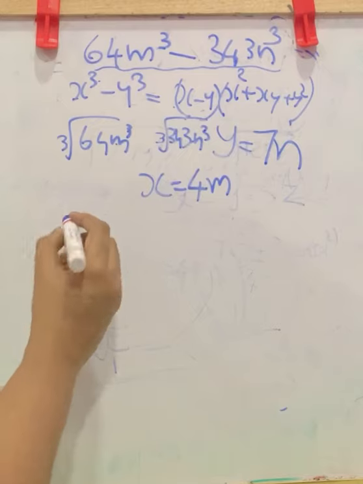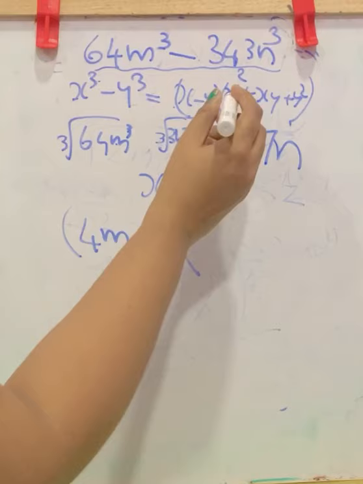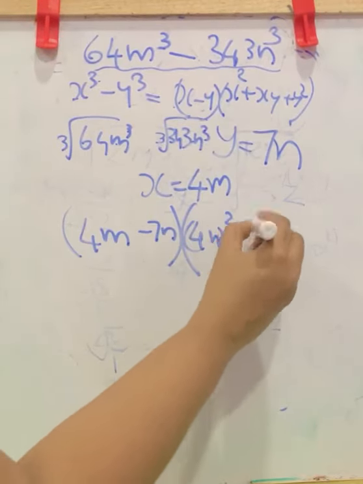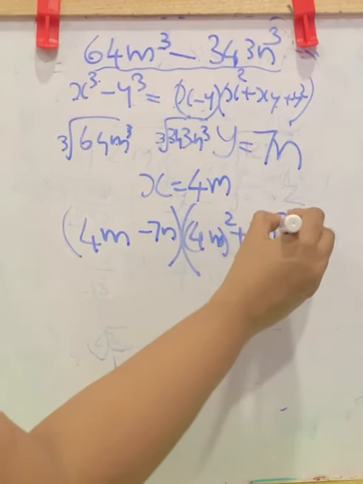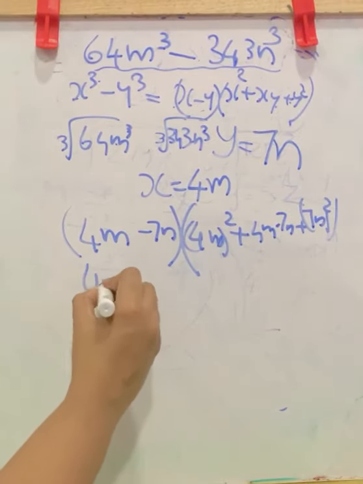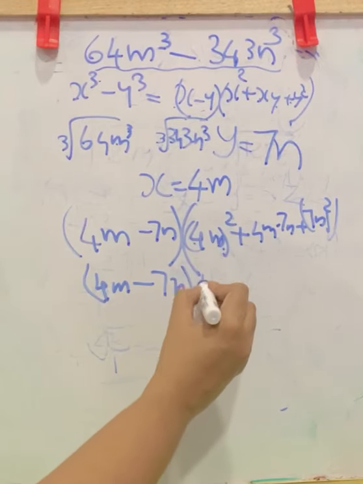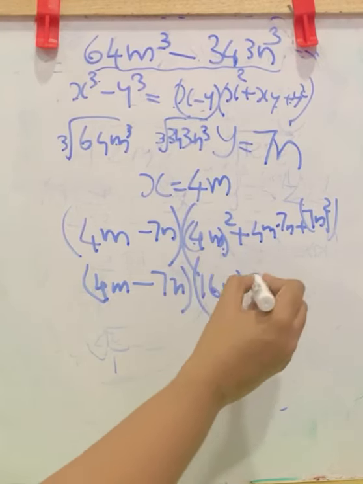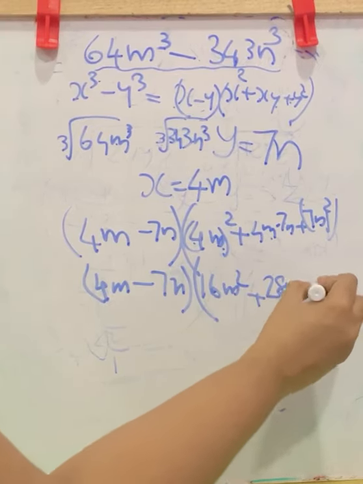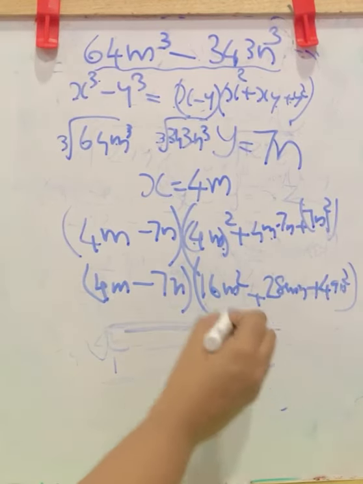That is x minus y means 4m minus 7n into x square, that is 4m whole square plus xy, 4m into 7n plus y square, 7n whole square. Now this is 4m minus 7n into 4m whole square is 16m square plus 4m into 7n, 28mn, plus 7n whole square, 49n square. This is the final answer.